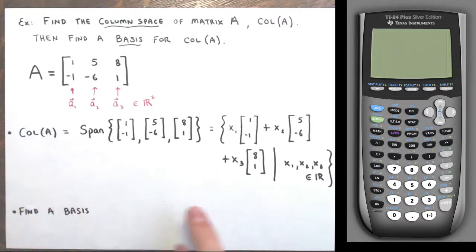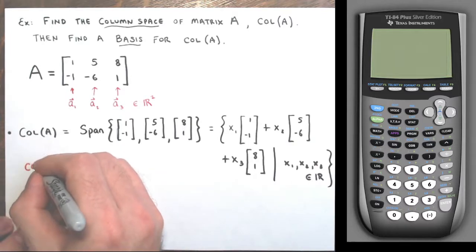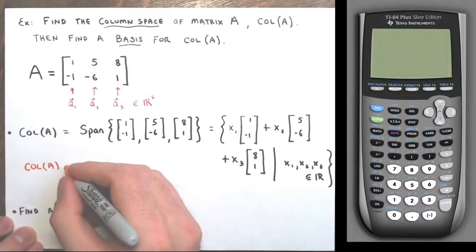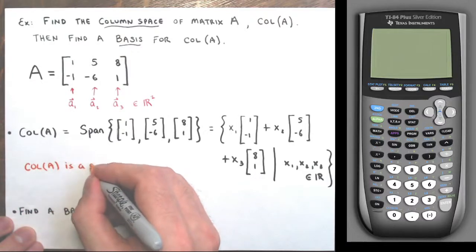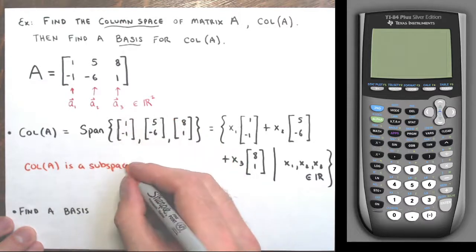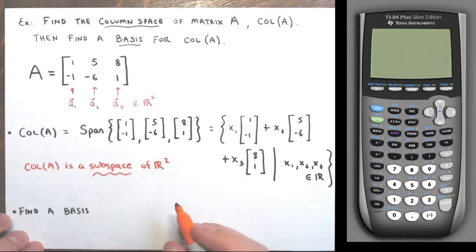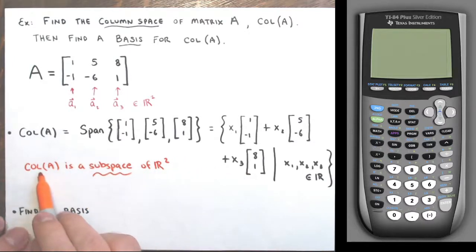Because this is a vector space here. In fact, the column space of A in this example is a subspace of R2. All the vectors belong to R2, and it also forms a vector space, therefore a subspace of R2.